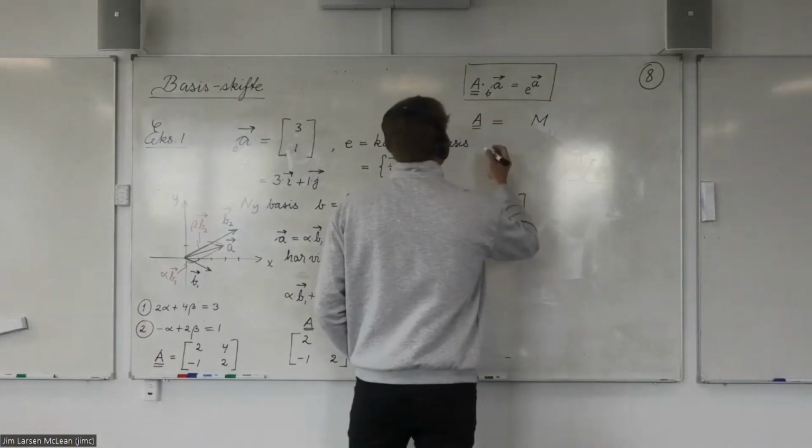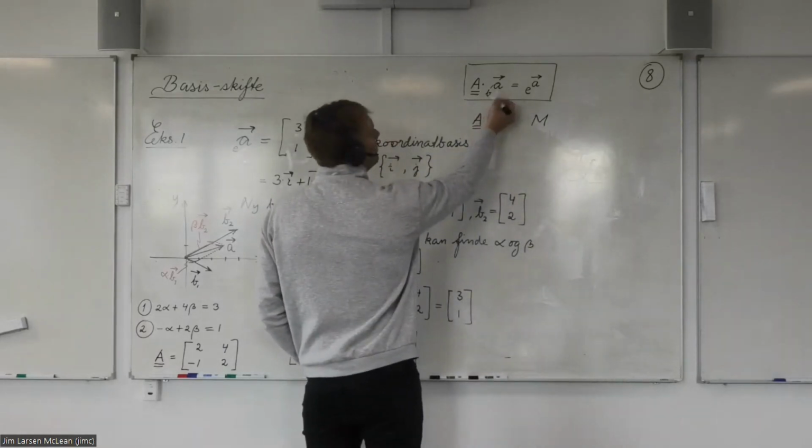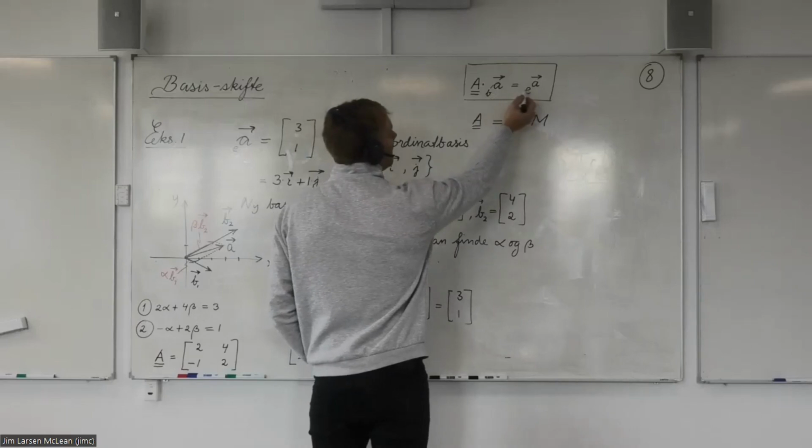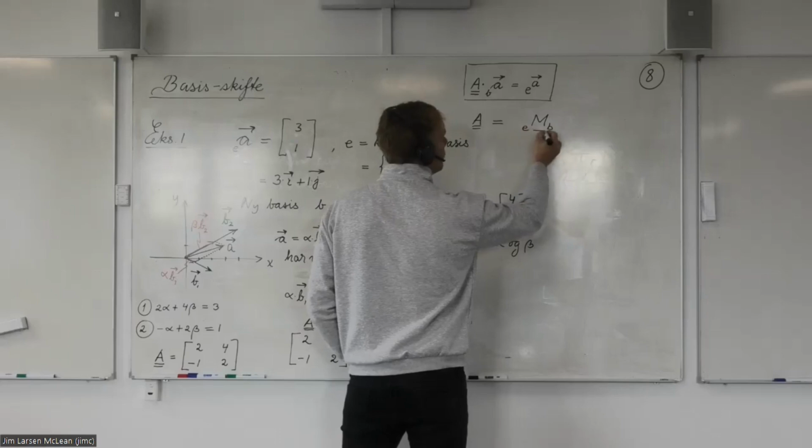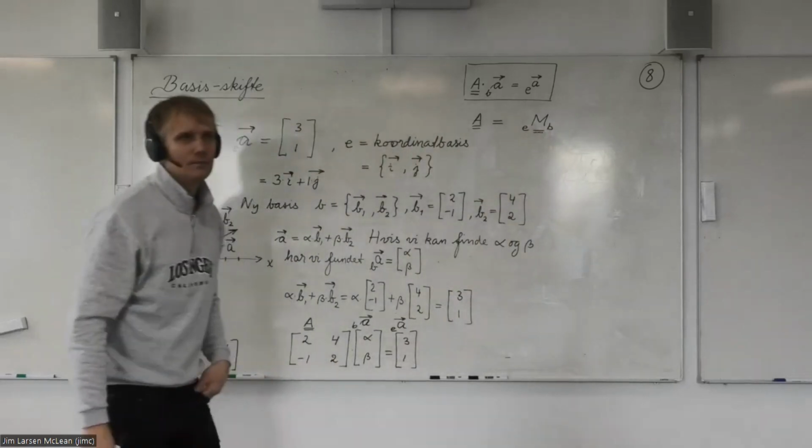And then you write, as you can see, it shifts from B coordinates to E coordinates. So you write a B here and an E here with two lines underneath to indicate that it's a matrix.